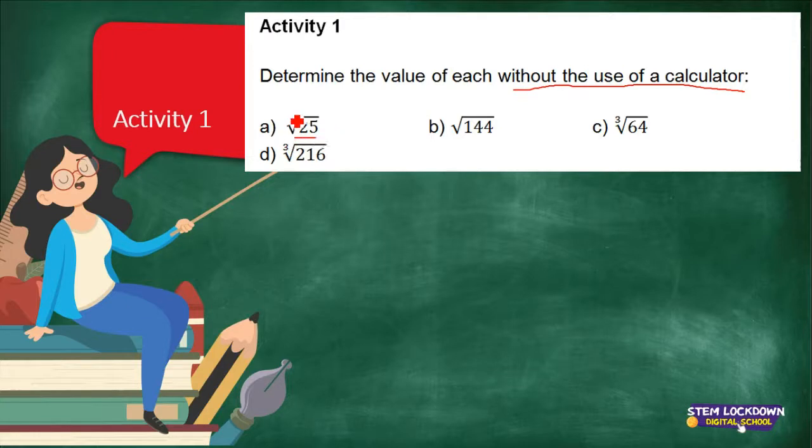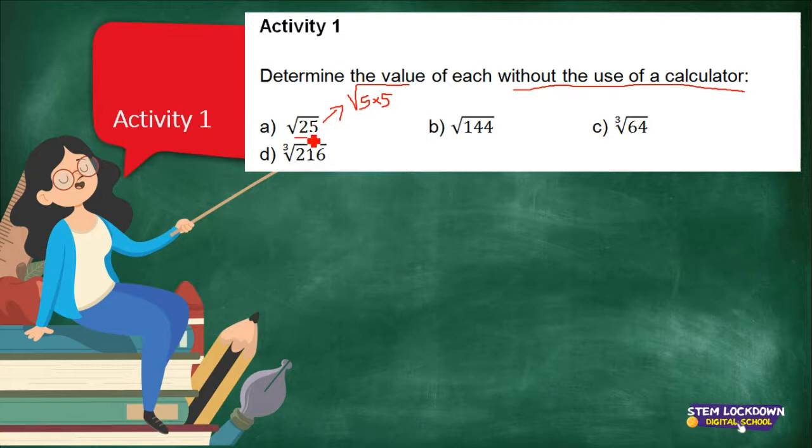What's the square root of 25? In other words, I want to know which number did you multiply by itself once to get 25. So this can be written as the square root of 25. To get 25, I can multiply 5 by 5, once.